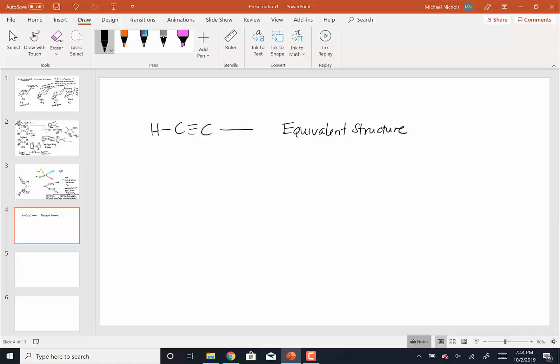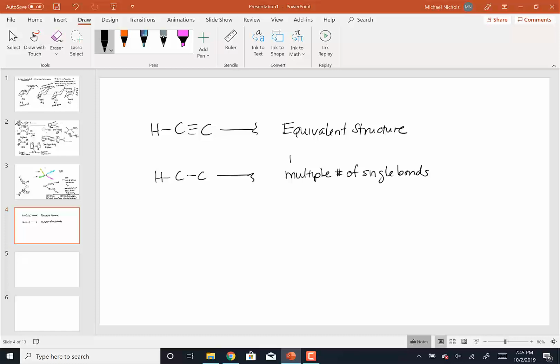In the equivalent structure, I'm going to start by only writing the single bonds, and then I'm going to add the multiple number of single bonds.